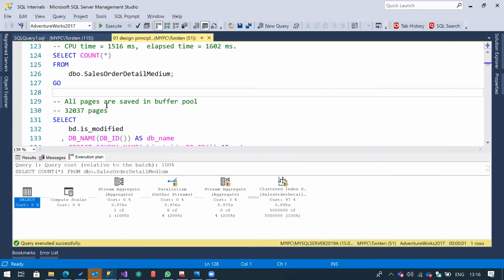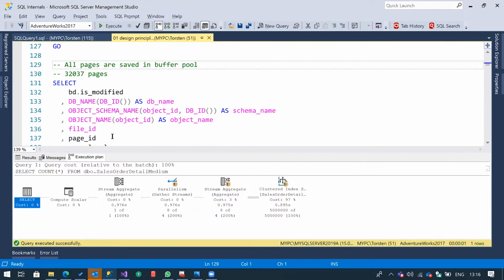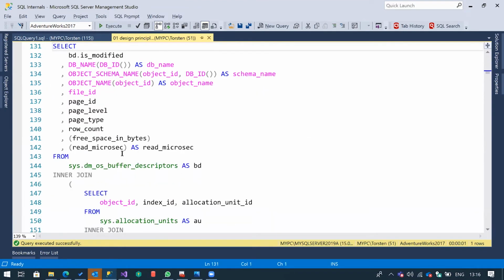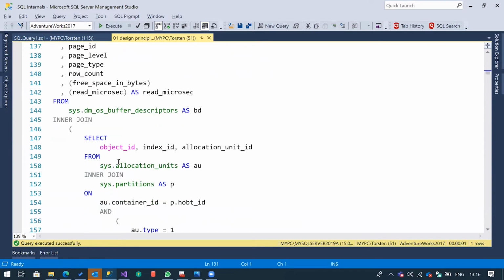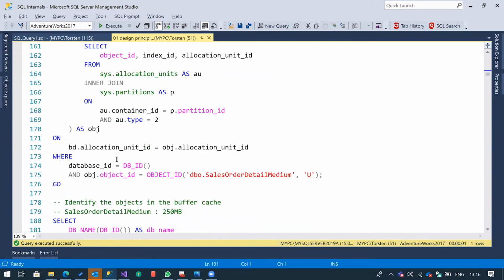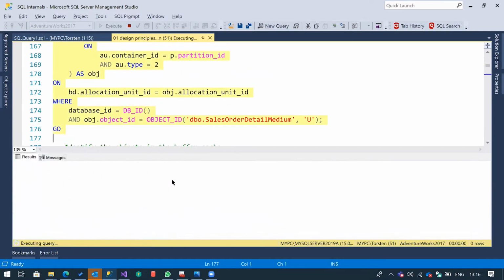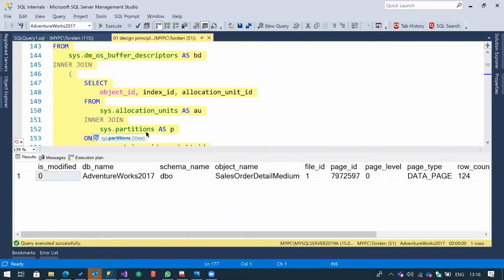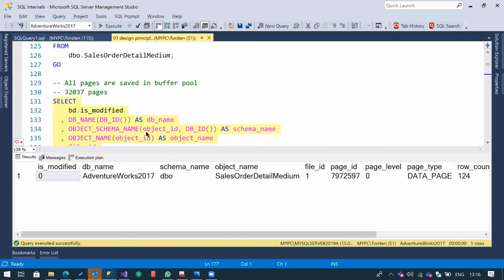What we can see is, when we now query the buffer pool, this DMO, buffer descriptors, which we can use here. Let me execute this one. We should see, that's a little bit strange.